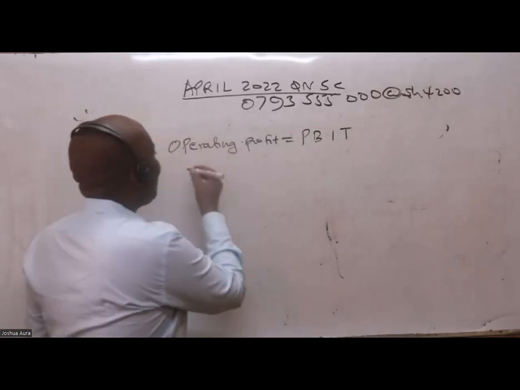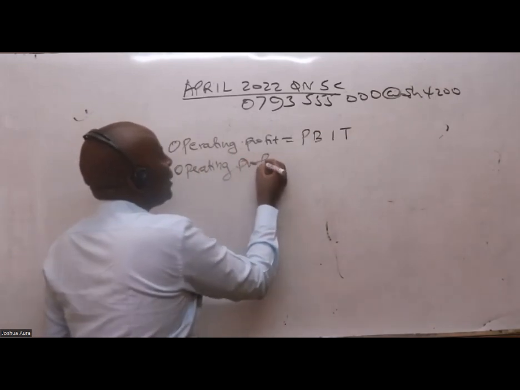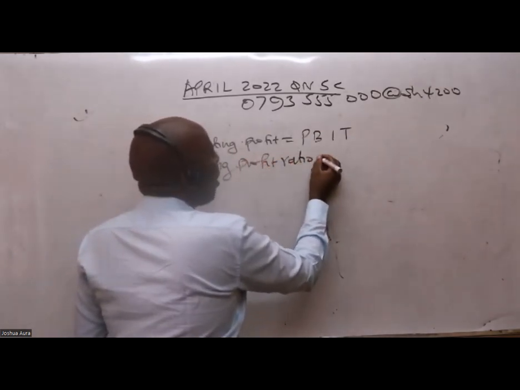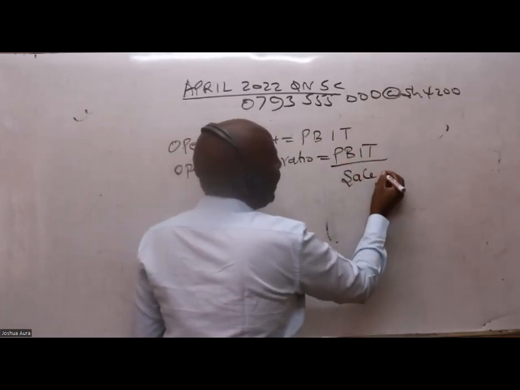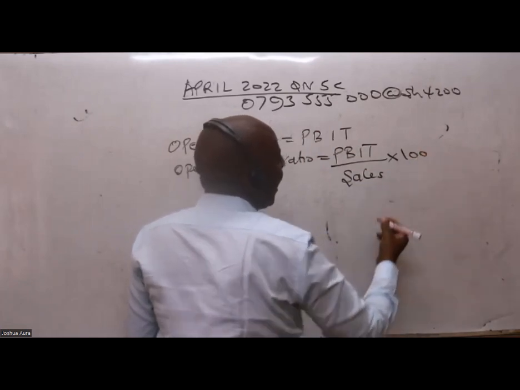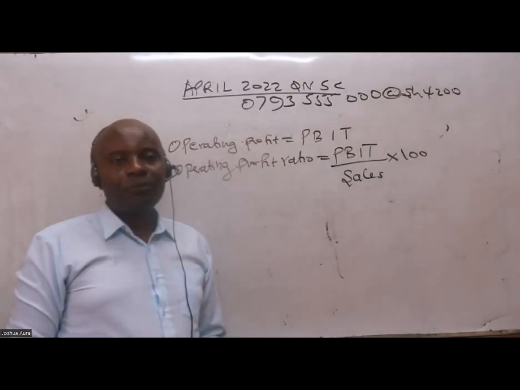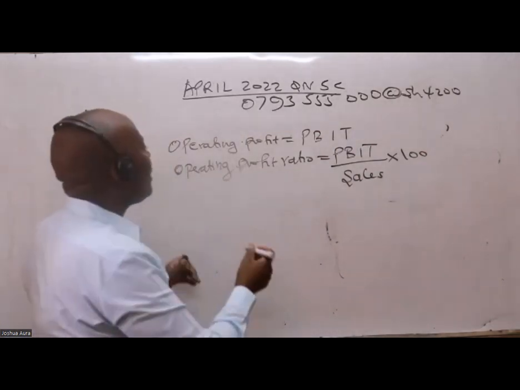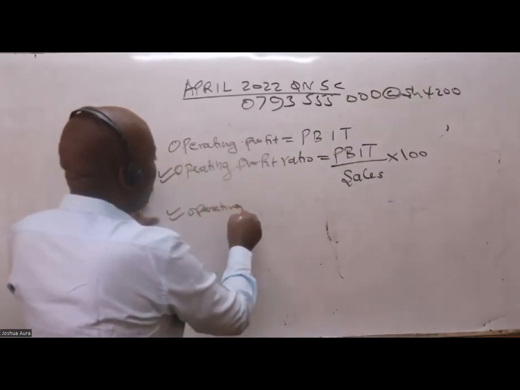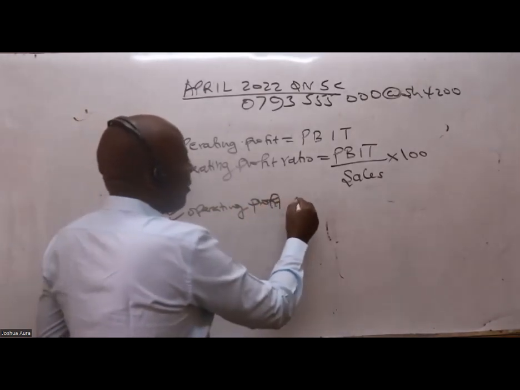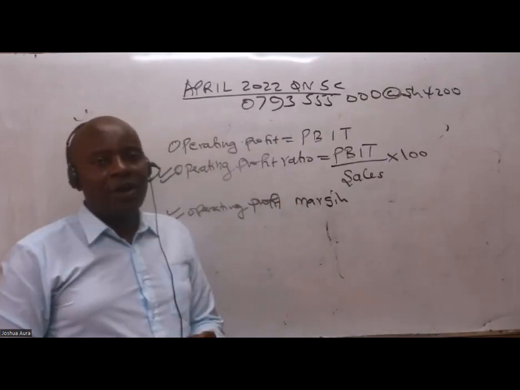So when they tell us they want us to give them the operating profit ratio, we shall basically take the profit before interest and tax all over sales times 100. Remember that this is what at times your examiner calls operating profit margin. Operating profit margin is the same as the operating profit ratio.